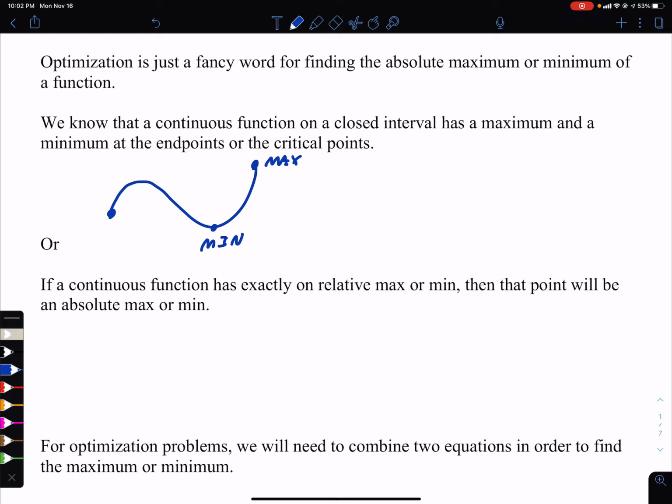And we can do another one. Like that. And the min is at an endpoint, and the max is at a critical point. So we know that to find max and mins, we check critical points and endpoints.